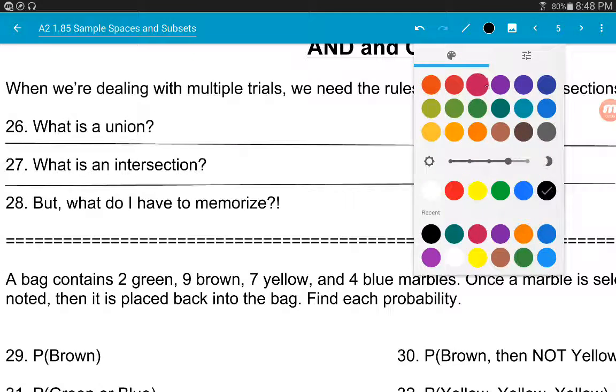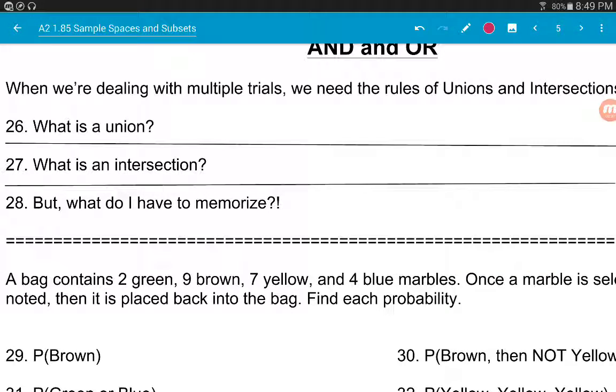So what is a union? Including the symbol for a union, which thankfully looks exactly like a U. So a union, indicated like this, U, is an OR probability.